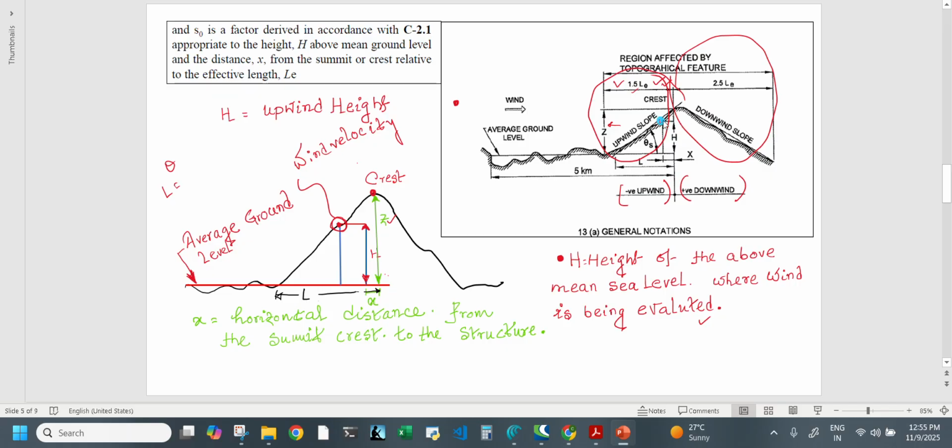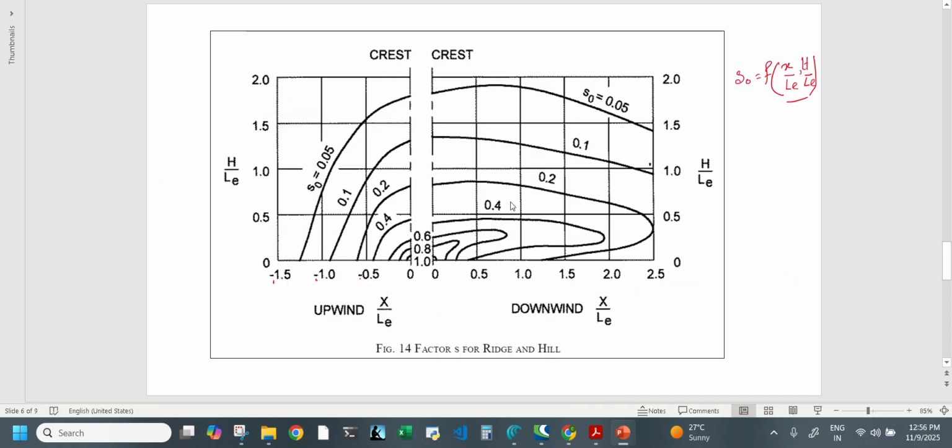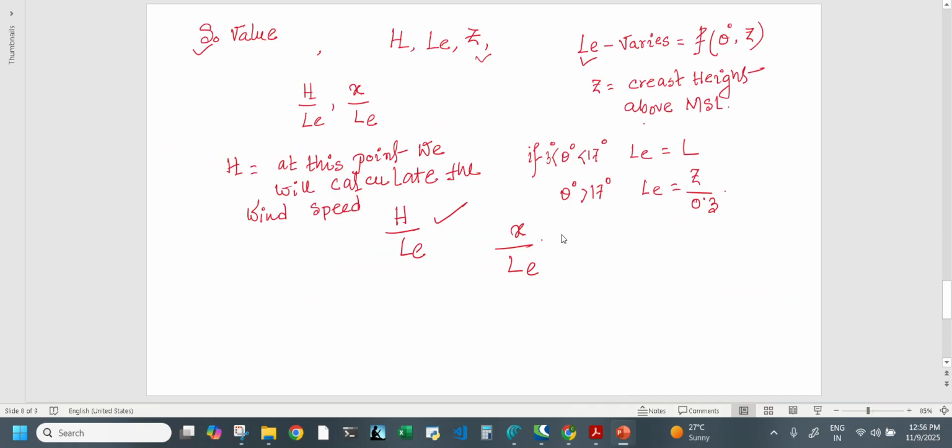This is the point we want to evaluate the wind velocity, and this point is at a distance of x from the crest. So we can easily calculate x by LE and h by LE.